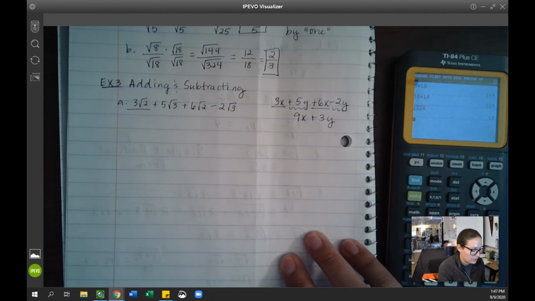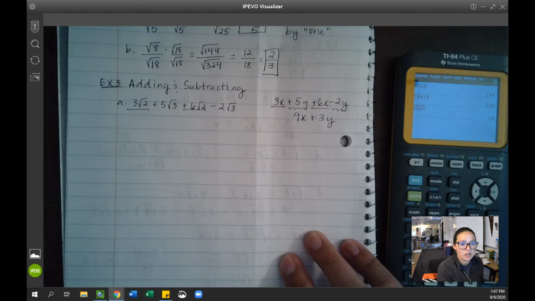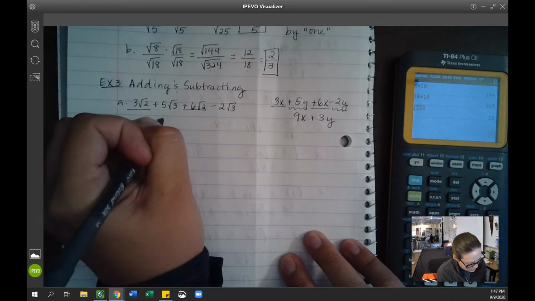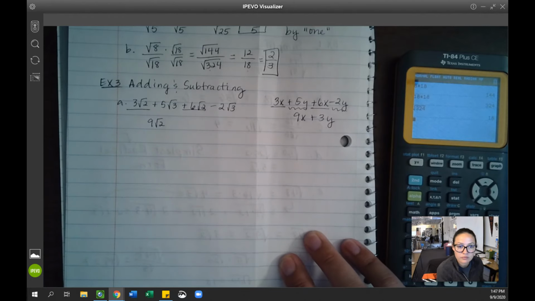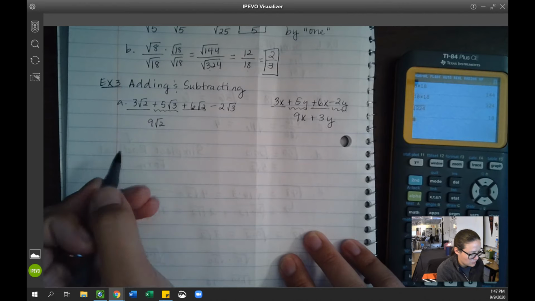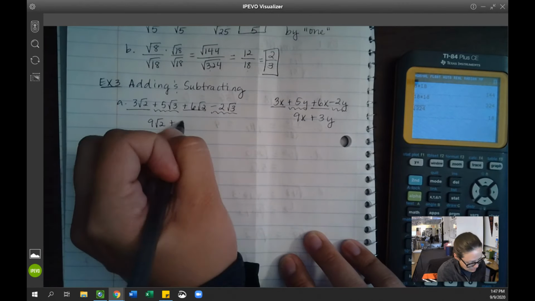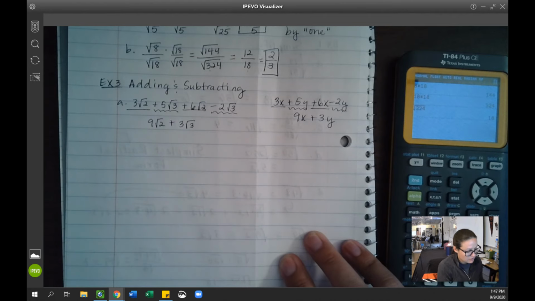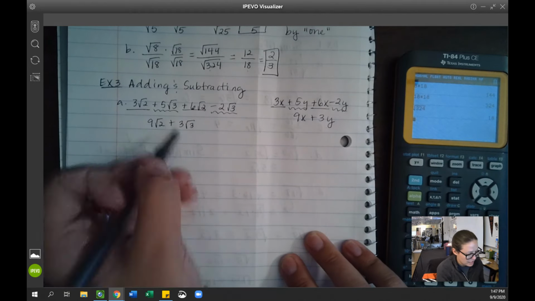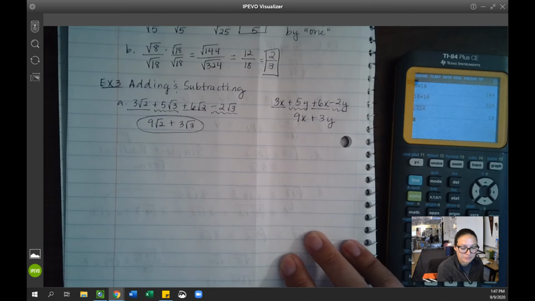So what can I combine with 3 square roots of 2? 6 square roots of 2. 3 square roots of 2 plus 6 square roots of 2 is 9 square roots of 2. Now I have 5 square roots of 3. What goes with that? I have a minus 2 square roots of 3, which gives me a positive 3 square roots of 3. And that's my answer. I cannot combine those together, so I'm done.